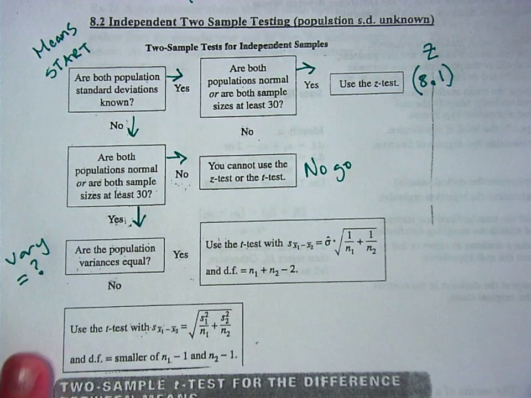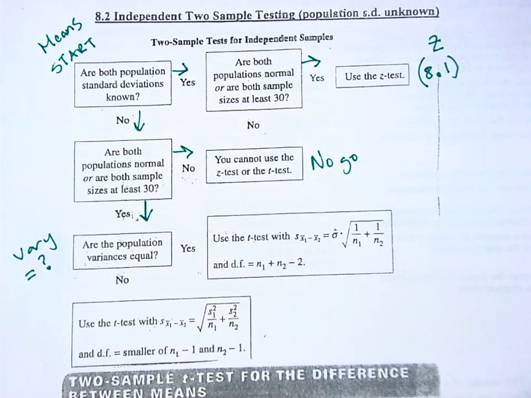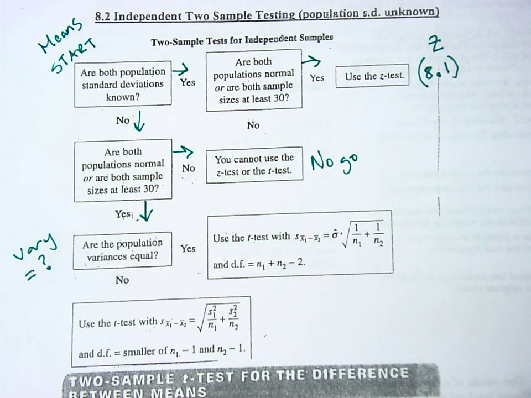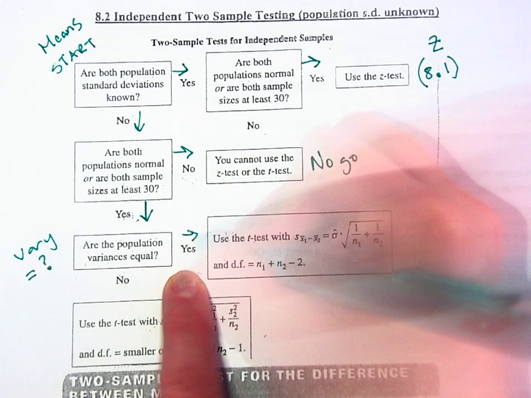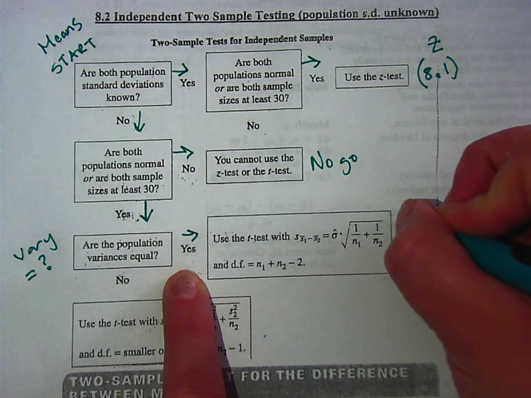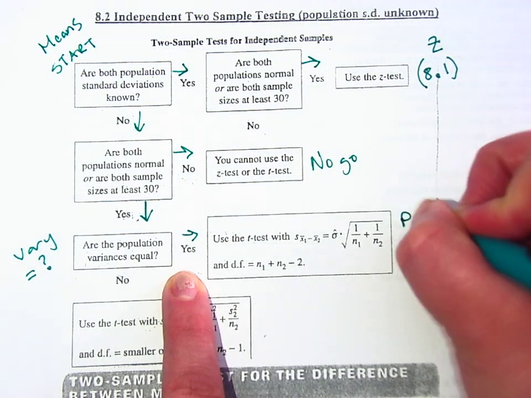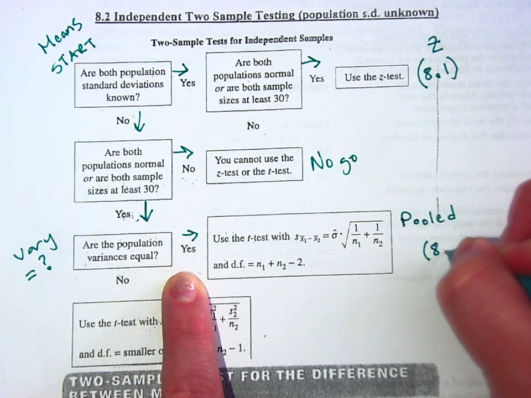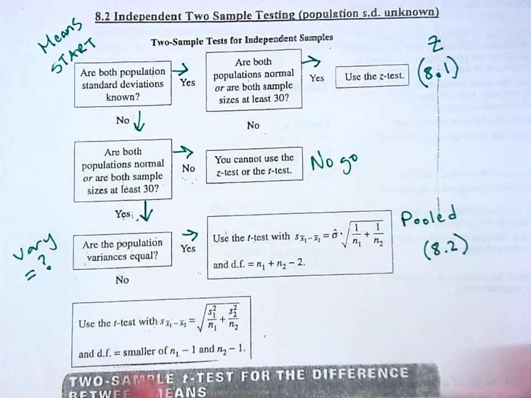And it'll say that in the problem. Sometimes they call this pooled, whether something is pooled or not pooled. It is when the variances are equal. So if the answer is yes, this is the pooled option. We're talking about that today.